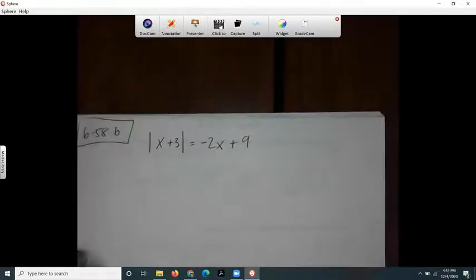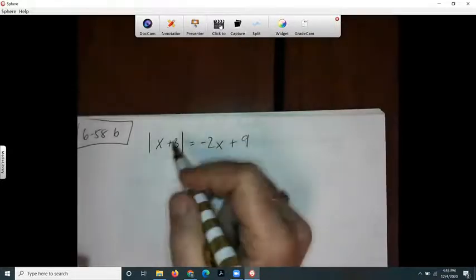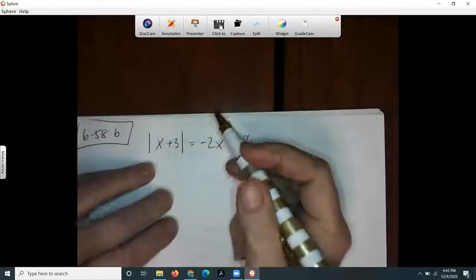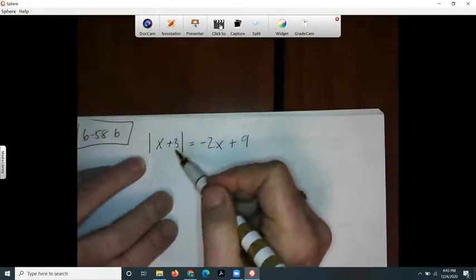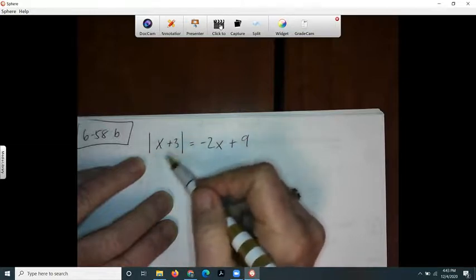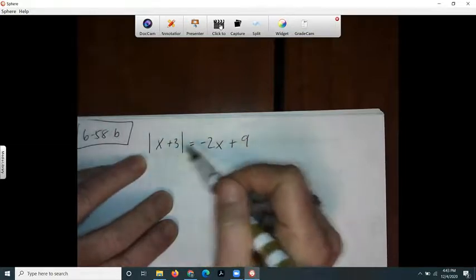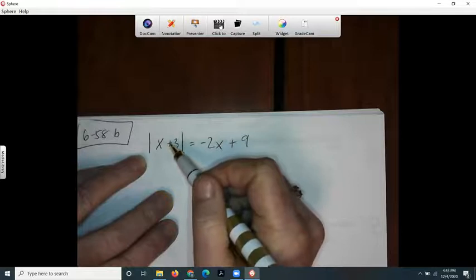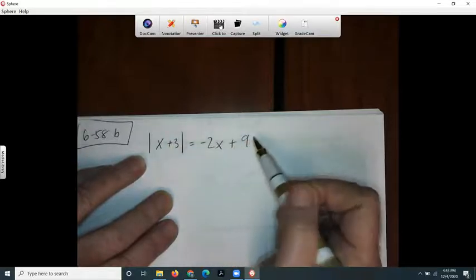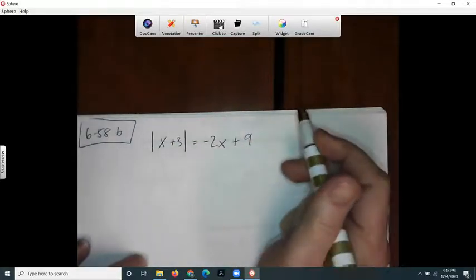So I think to solve this, I'm going to do that thing where whatever's in here, it can be the positive or the negative version of it, if that makes any sense.